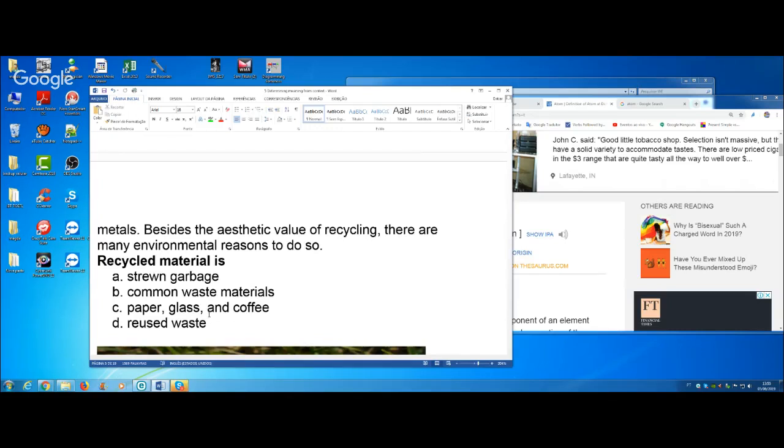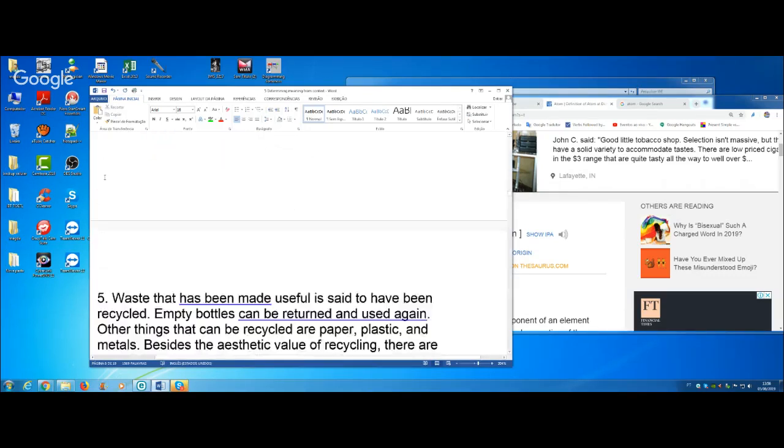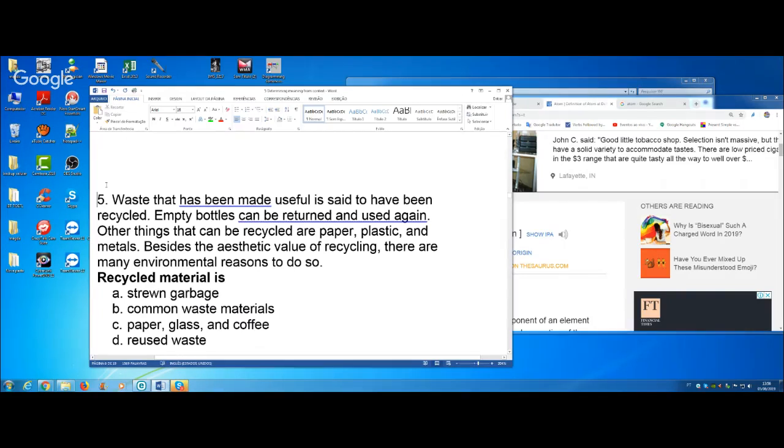Okay, recycled material is... let's see the text. Empty bottles, other things that can be recycled, paper, plastic.